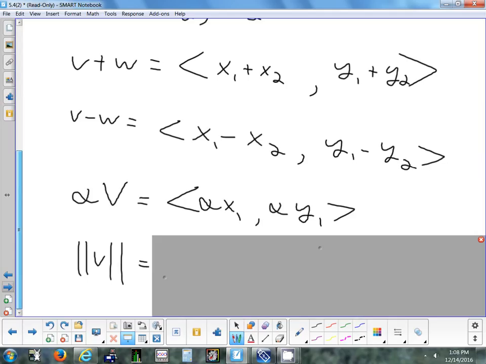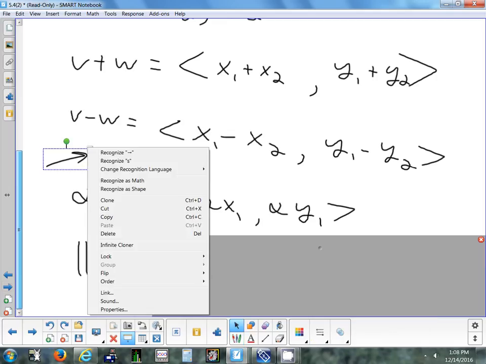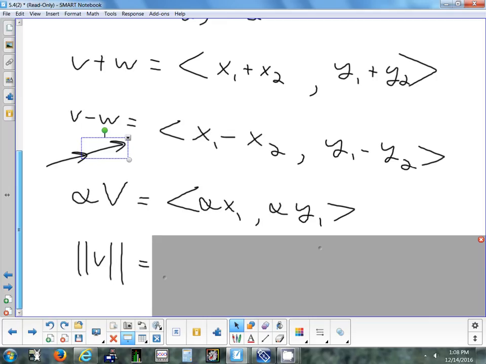So basically, to scale a vector, what we used to do, like let's say I wanted you to find 2v. Pretend that's v. You'd have to take that, make a copy of it, stack it together, draw your arrow, and that's 2v. Well, now, all I'm doing is saying, take the x component, multiply it by the scalar, take the y component, multiply it by the scalar.